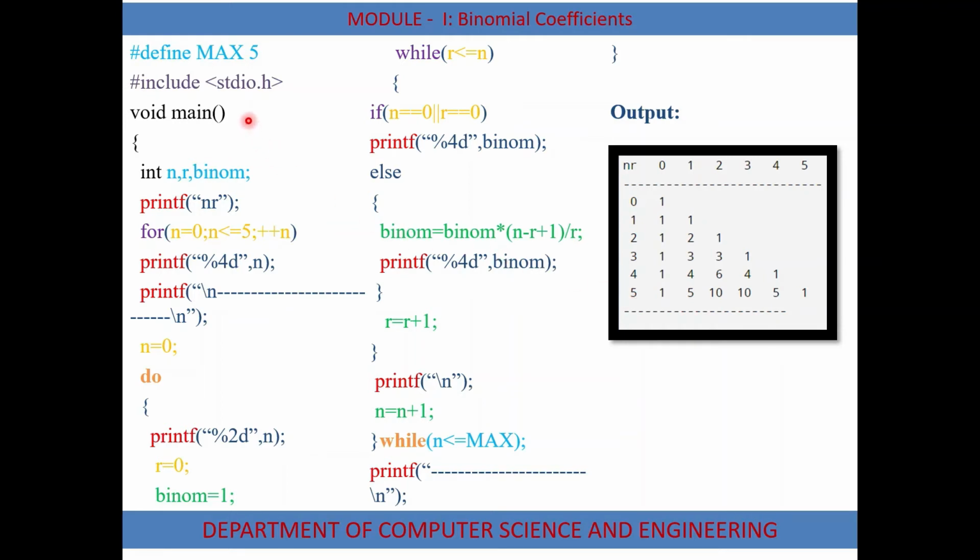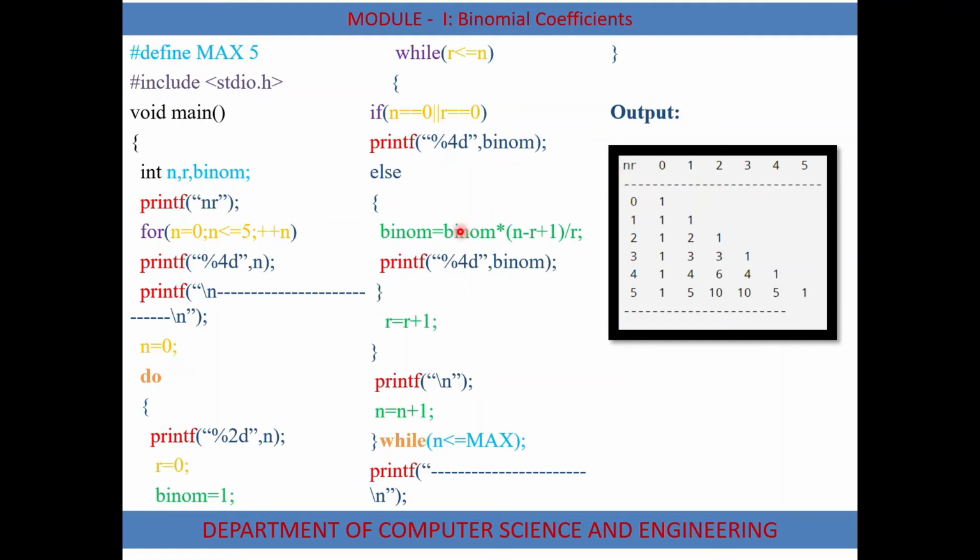Next is the main function. Then declare the variables n, r and binomial, where we will store the resultant value. First print n r, the same thing we have written here is displayed.